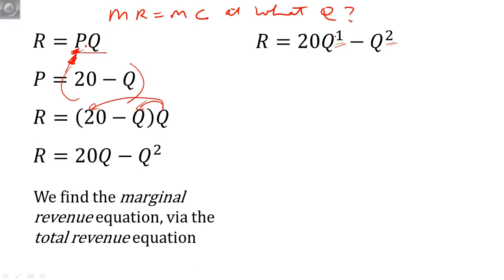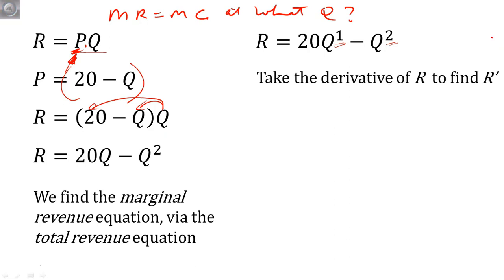Since Q to the power of 1 equals Q, there's no point normally putting in the power of 1. But nonetheless, we want to make it explicit now, because we're going to need to know that. Now what we need to do is take the derivative of this total revenue to find R prime, which is a shorthand for marginal revenue.